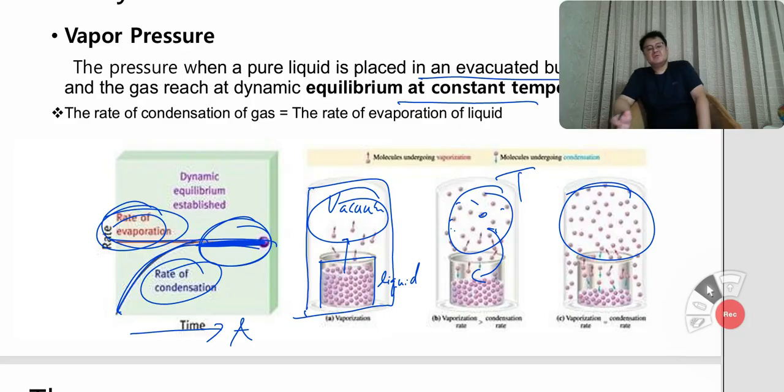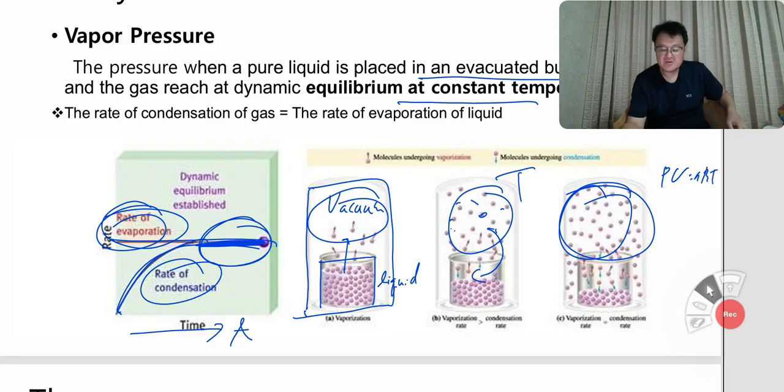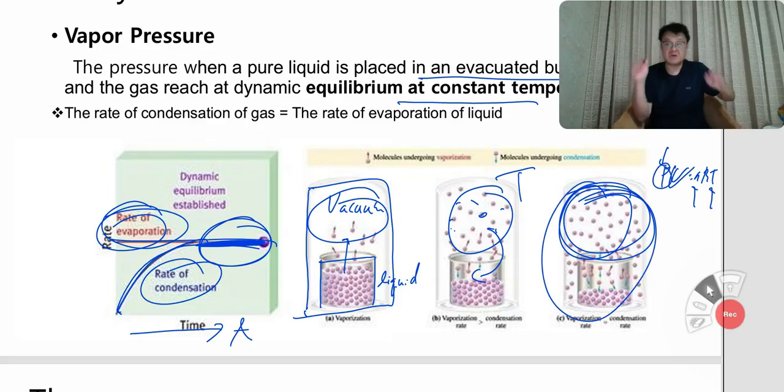So ideally speaking, when you consider these gas phase molecules ideal, then we can apply the ideal gas equation PV equals nRT, okay, for a given temperature, number of moles of the gas phase molecules, and volume, you should have some pressure exerted by these gas phase molecules. And this pressure is the vapor pressure of that liquid for that constant temperature.